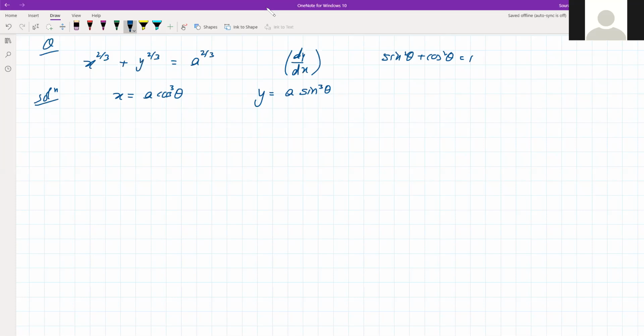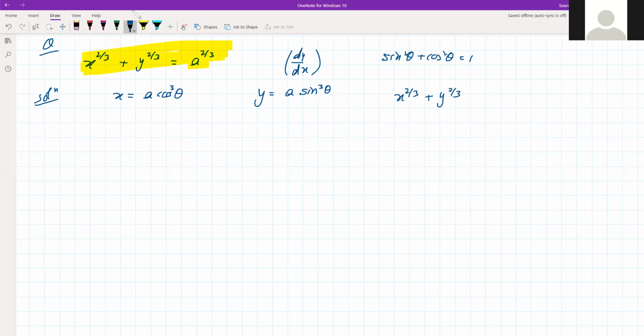So when I do this substitution, I don't break the relation which is there in the first line, in the original question. This is the relation, this must not break, right? And this is still there, and you can check this: x to the power 2 by 3 plus y to the power 2 by 3.